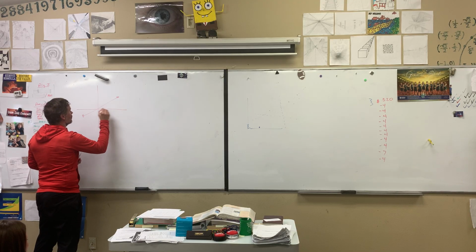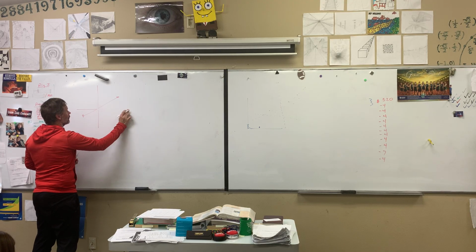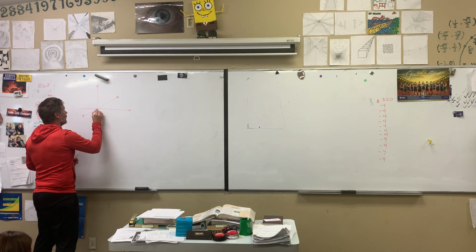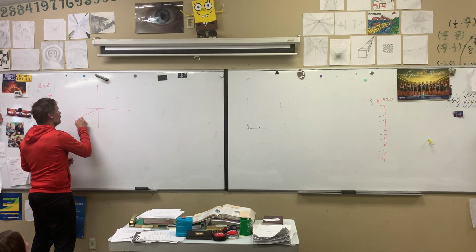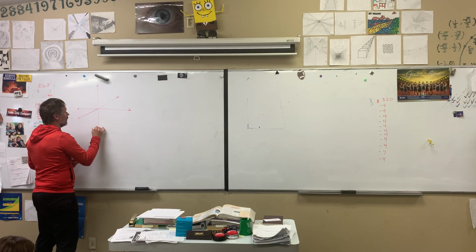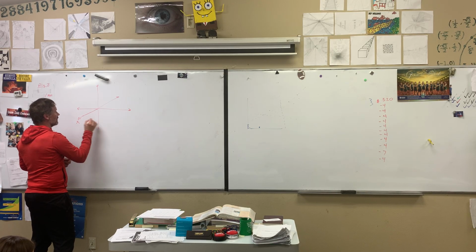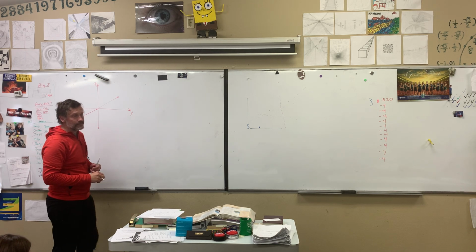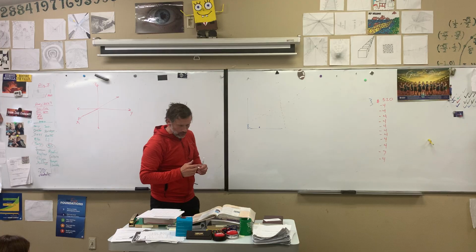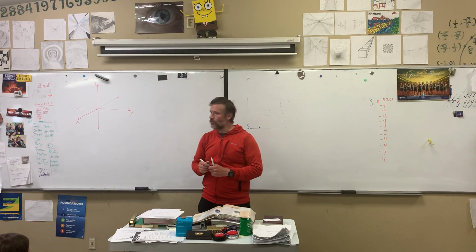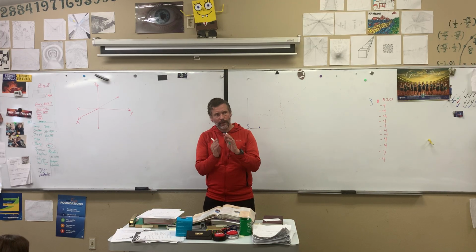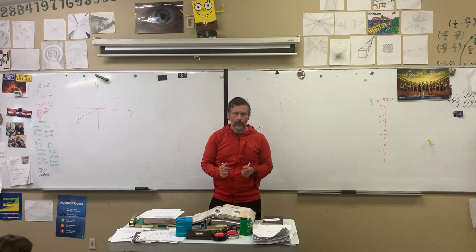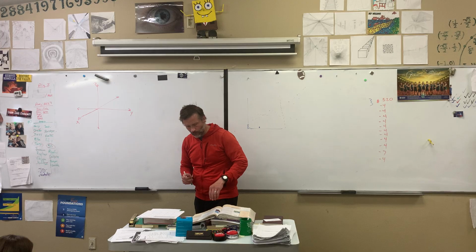Now we label this as X, this as Y, and that as Z. So you're not going to have an ordered pair, you're going to have an ordered triple.